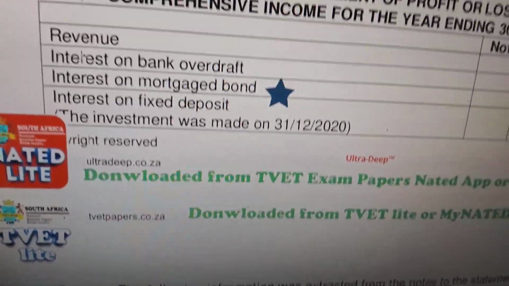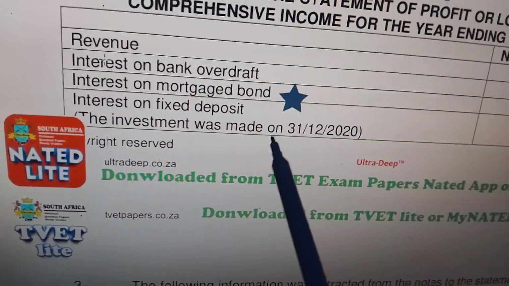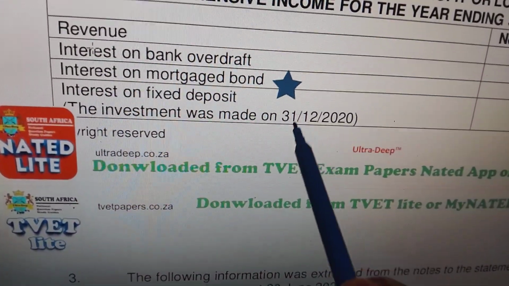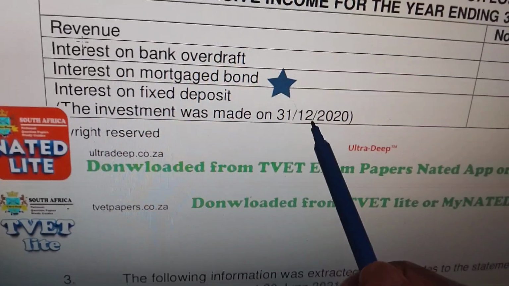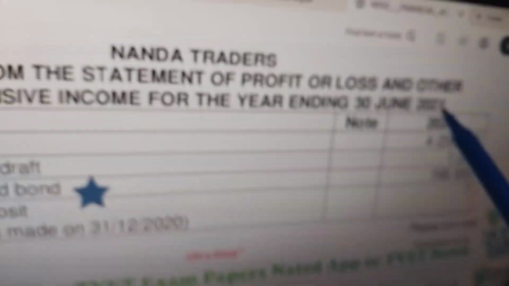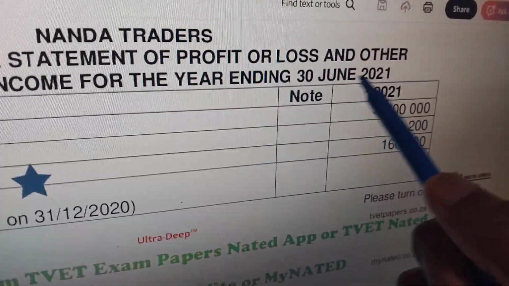They are telling us that the investment was made on the last day of December 2020. And then our financial period ends when? On 30 June 2021.